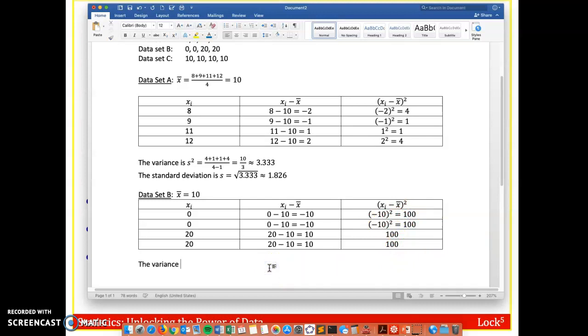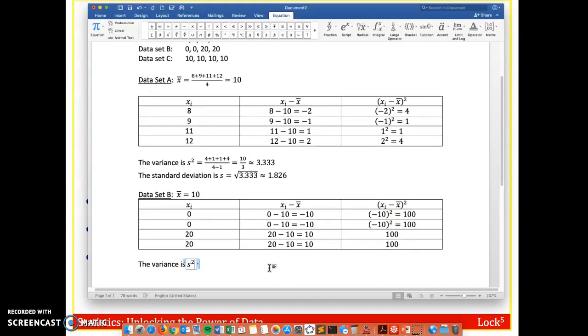So the variance is S squared. And that would be, take the 100 plus 100 plus 100 plus 100. And then we're going to divide by 4 minus 1. So that's 400 divided by 3. And we get an approximation, that's about 133.333.